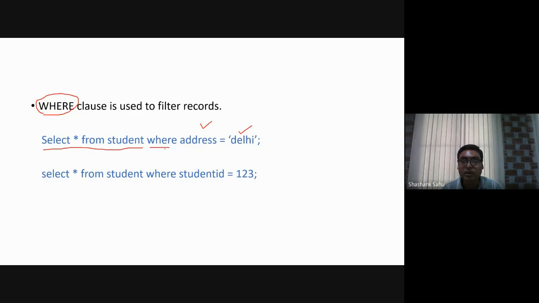Then we can give the condition where address equal to Delhi. Like we want to display only the data related to student ID equal to 123. So the where clause provides the condition for the query. If you are not using the where clause, it will display all the rows. The where clause basically restricts the number of rows, or you can say it will filter the data on the basis of the condition that you have mentioned.